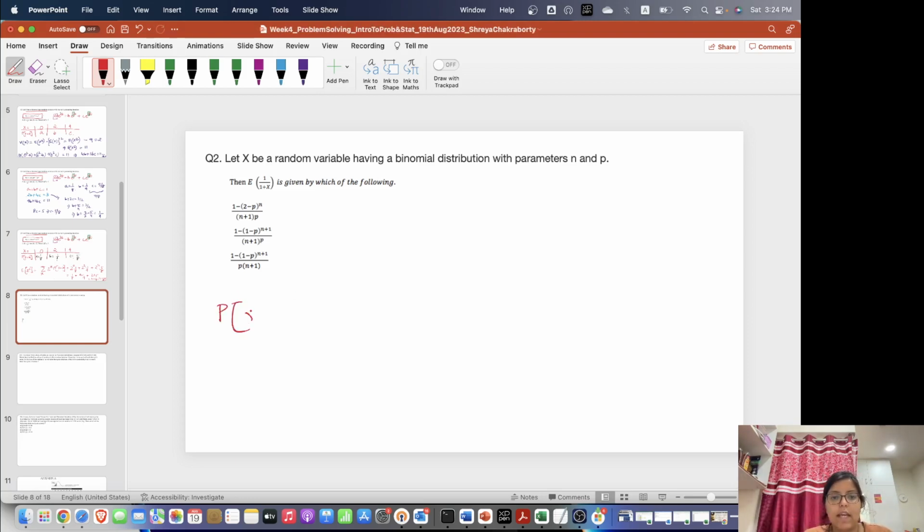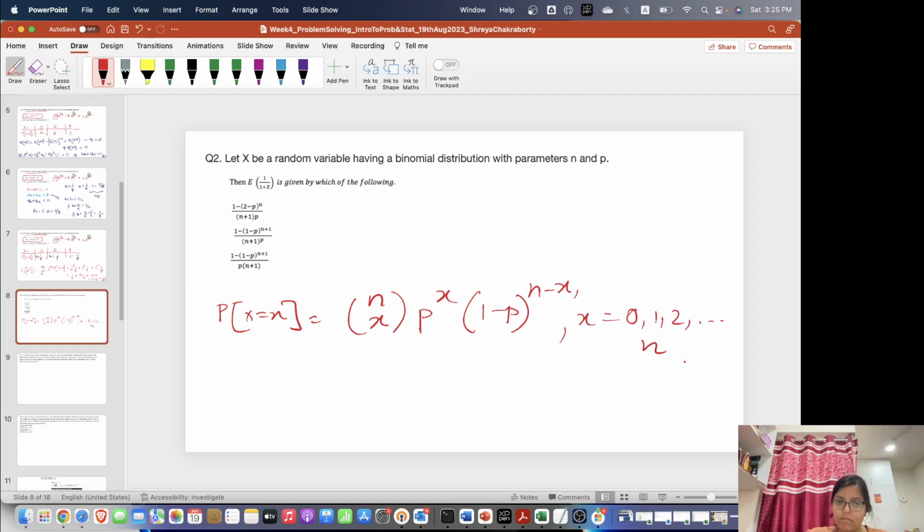So P(X = x) would be nCx p^x (1-p)^(n-x), where x will range from 0, 1 to n. Okay, this is the PMF of a binomial.